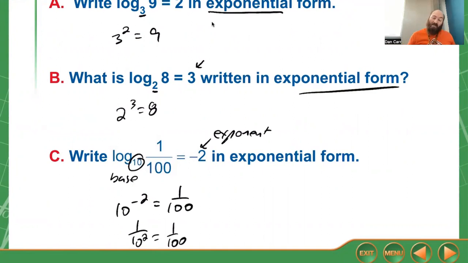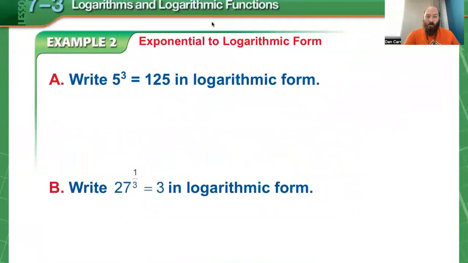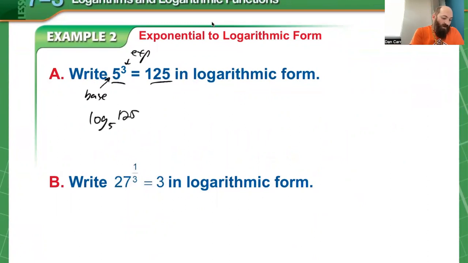That's our basics of logarithms. What do they represent, and what do they mean in terms of their exponent forms? We're going to use that a little bit more here, going from exponential to logarithmic. We start with the exponent form. There's my argument, and we want to write that in logarithms. Again, this is my base and this is my exponent. So I can say log base 5 of 125, that's the argument, that's what goes there, is equal to the exponent of 3.